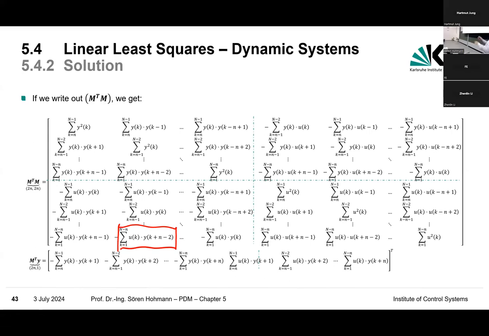If you look at this sum, you have discrete time values of u, which are somehow multiplied with discrete time values of y. No? It's convolution, exactly. Is it exactly the convolution you learned in signals and systems? If Michael enters the room, he would say, hey, you're crazy. There's something wrong with it. There's something missing.